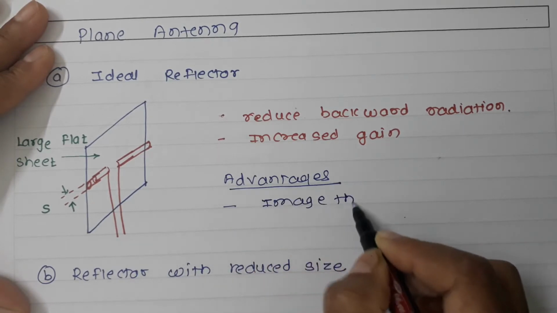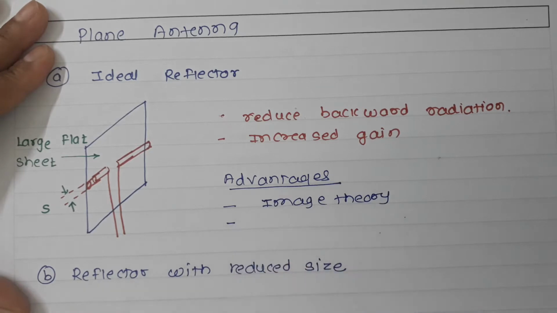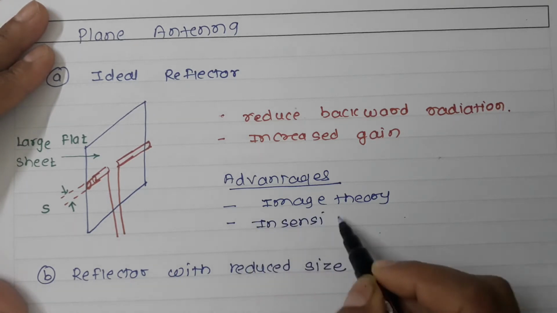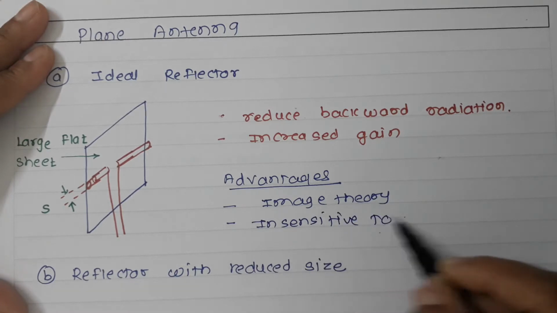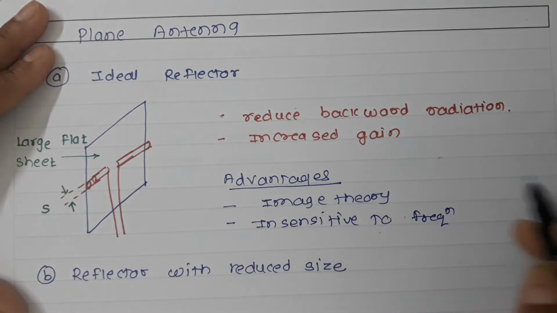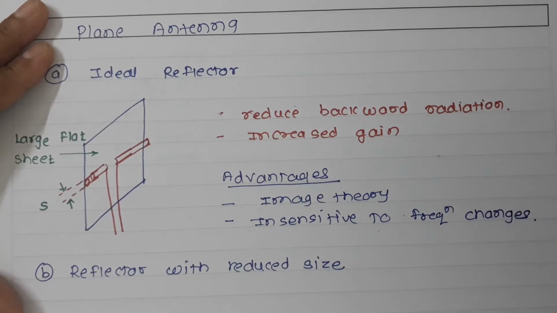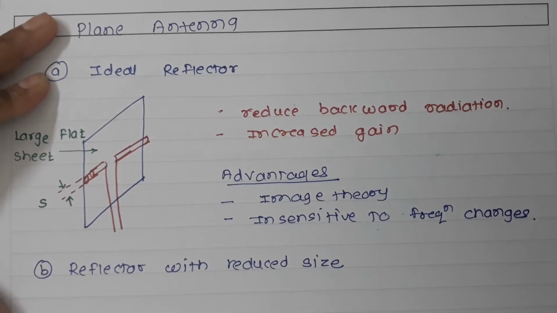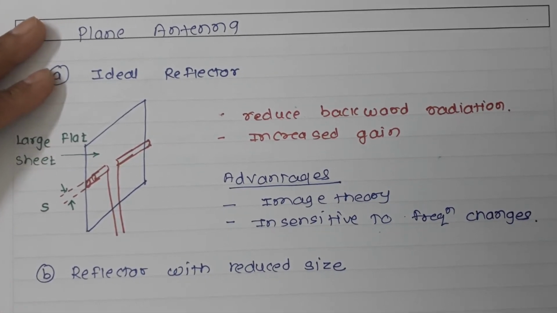The radiation properties of an ideal reflector are insensitive to frequency changes. So small frequency changes cannot hamper the radiation properties of this particular ideal reflector. These are the advantages of your ideal reflector.